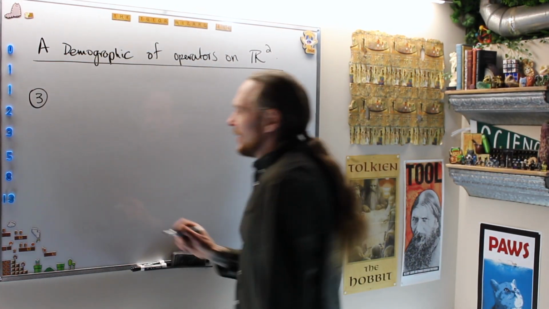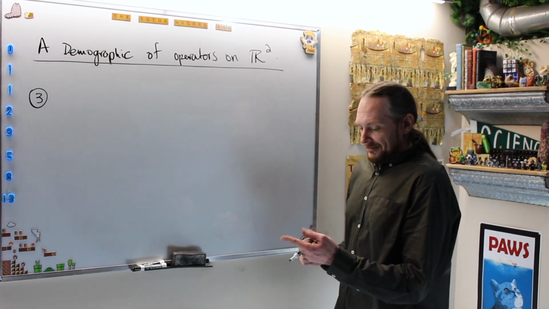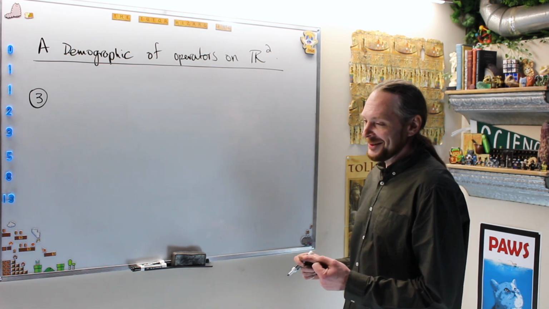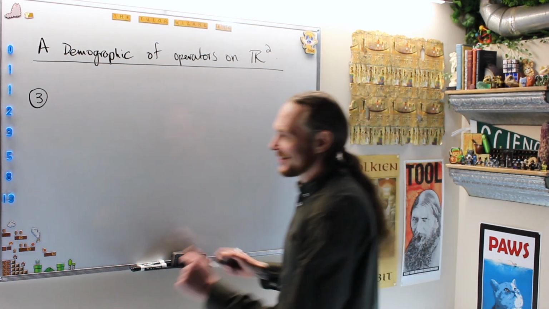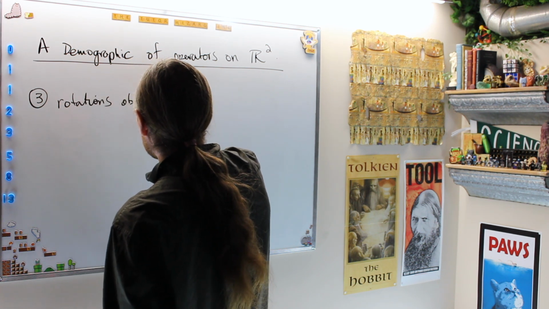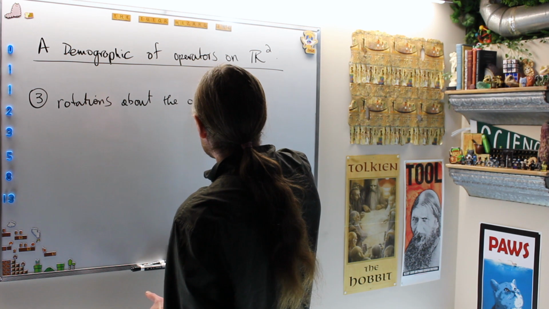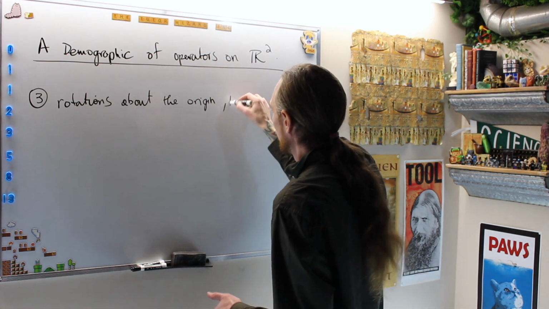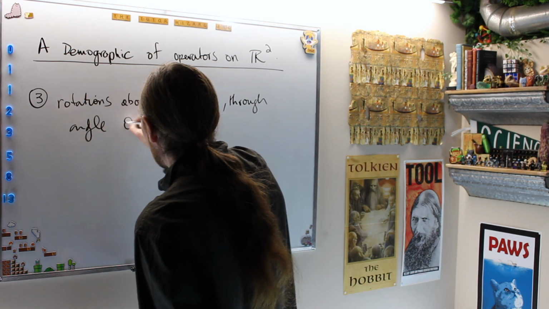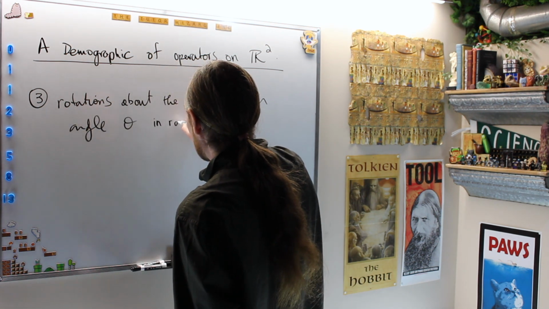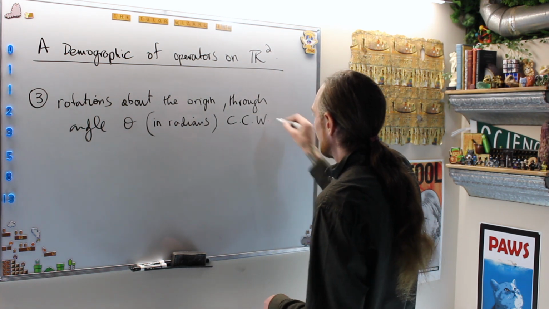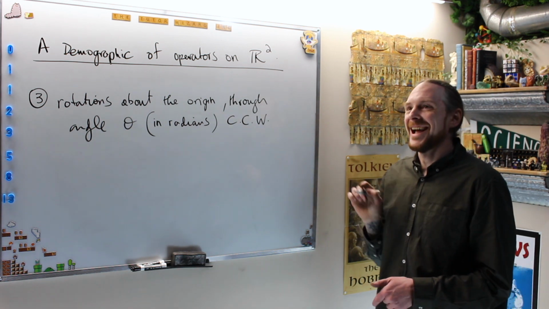Next, category 3 comes after 2. Now I don't remember what category 3 is. Category 3 is going to be rotations about the origin through angle theta in radians, counterclockwise.